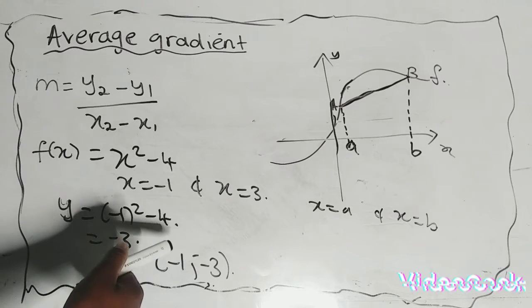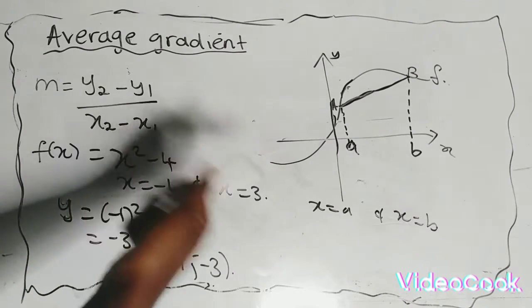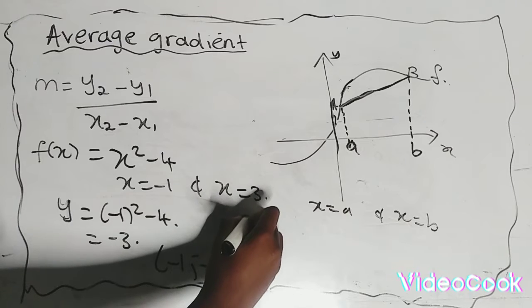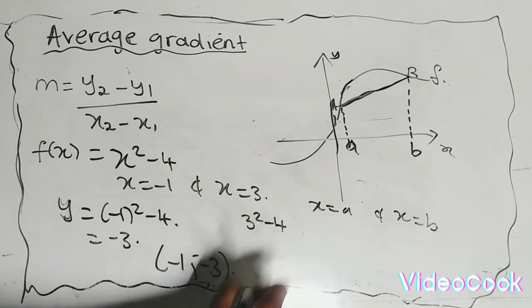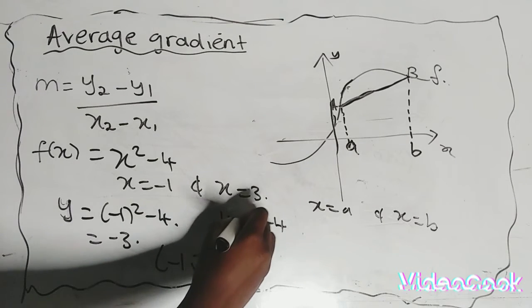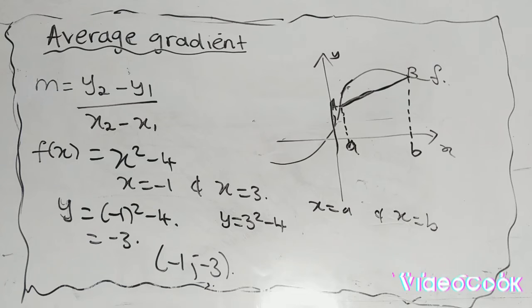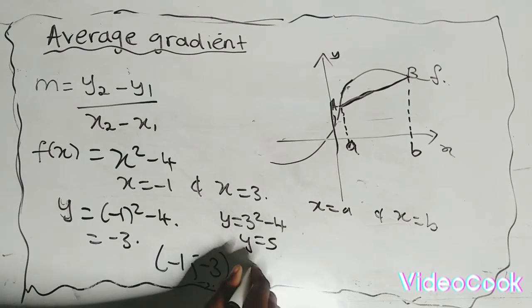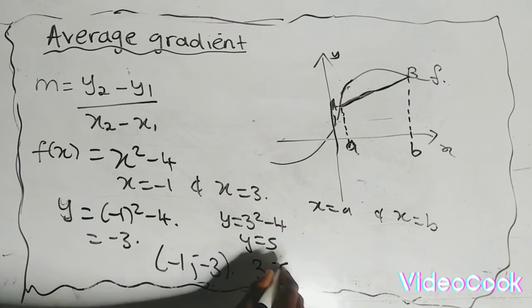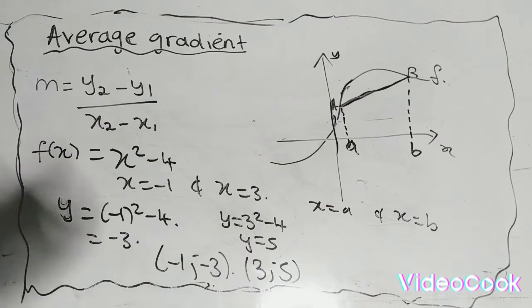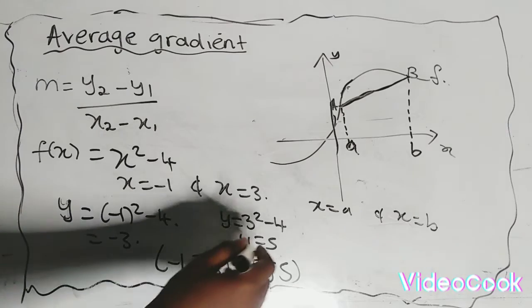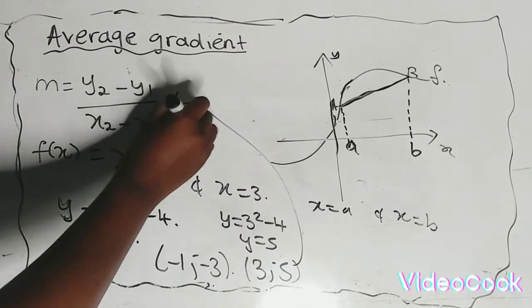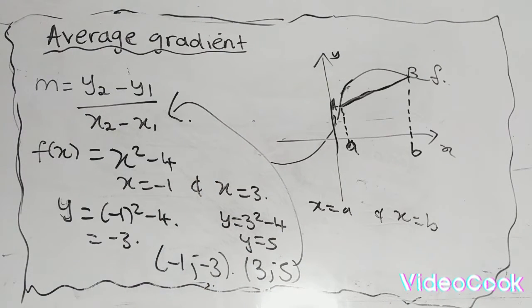And for the second one, when x is 3, what is the value for y? y is equal to 3 squared minus 4, which is 9 minus 4, which gives me 5. So when x is 3, y is 5. With those 2 points, I can now inject them into my formula for calculating gradient.